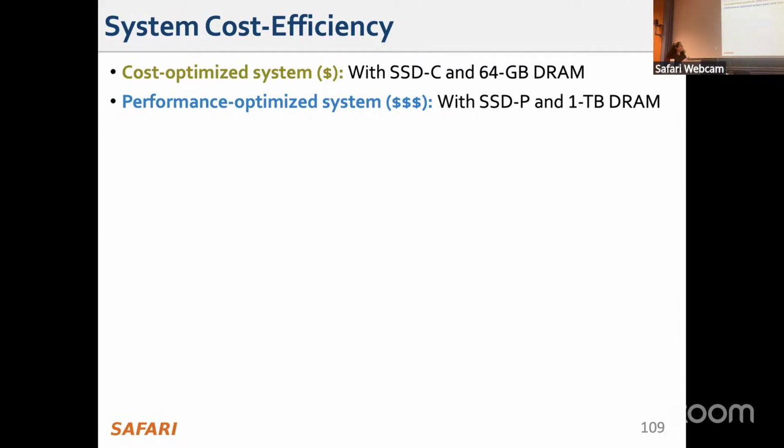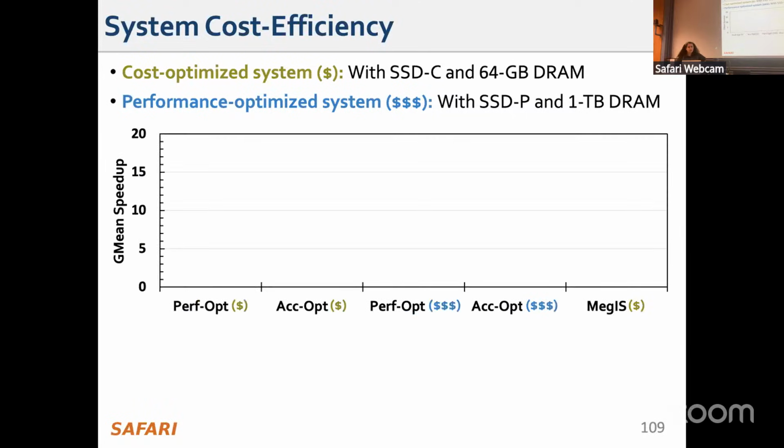So it's a huge difference between these two systems. In this plot, I'm going to show performance-optimized and accuracy-optimized baselines on the cost-optimized system and the performance-optimized system, comparing them to MetaGIS on the cost-optimized system. Meaning basically, for baselines, I evaluate them in both the cheap and expensive system, while MetaGIS runs on the cheaper one.